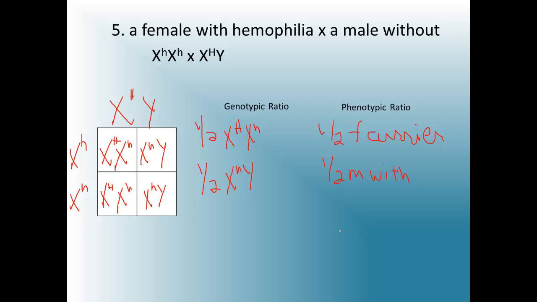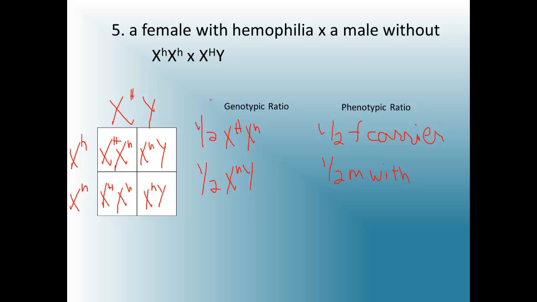Okay, and if you guys know anything about hemophilia, this is where this idea of genetic counseling really comes into play. Hemophilia is a horrible, nasty disease. Little cuts, you don't clot. Your blood just keeps coming out of whatever wounds you have. So you can actually bleed to death very easily without immediate medical attention.